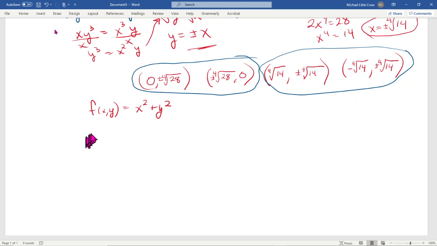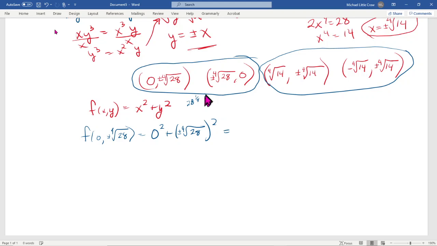So f of 0, plus or minus fourth root of 28. When we plug that in: 0 squared plus the fourth root of 28 squared. Remember, that's 28 to the 1/4 power.